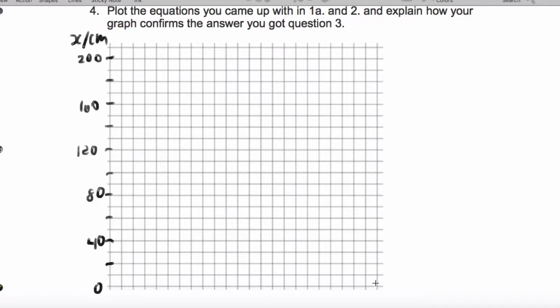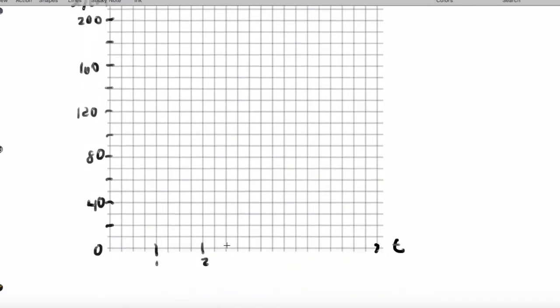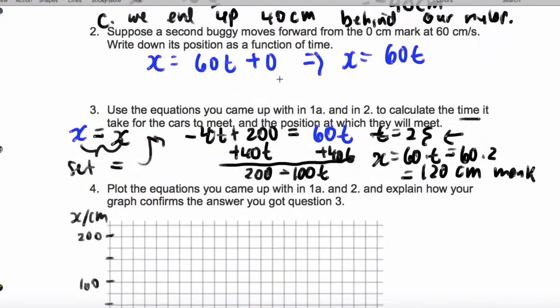And then here we're going to have t in time. Let's see what we got. So let's just see, 1 second, 2 seconds, 3 seconds, 4 seconds, 5 seconds. So this is half a second. These correspond to quarter seconds, each tick of the square.